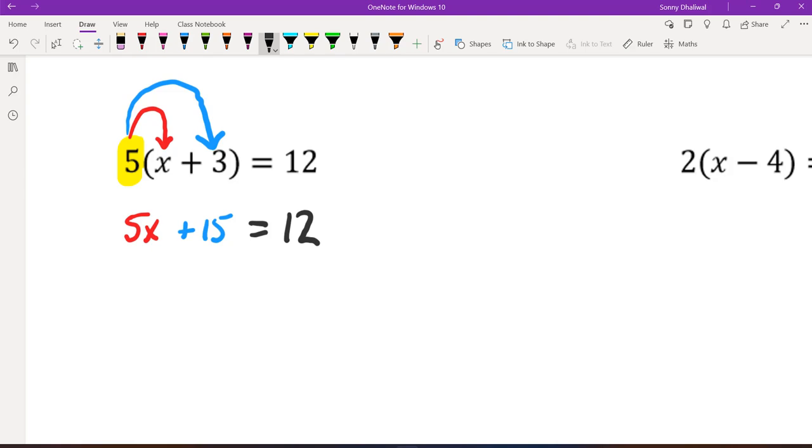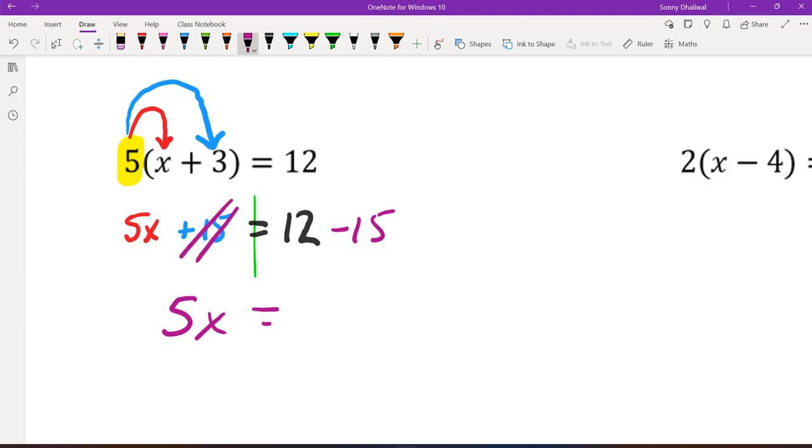Right? Which number do we move over first? Right? The 5 over the 15. All right? Ethan? 15. And it's minus 15 on the other side. So 5x is equal to 12 minus 15. And what number do we have there?